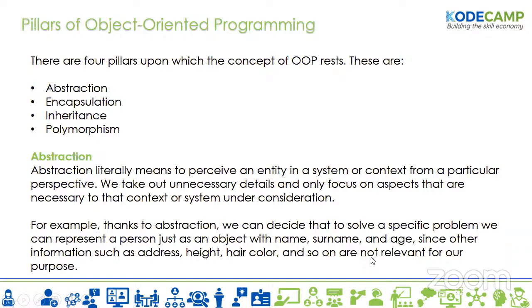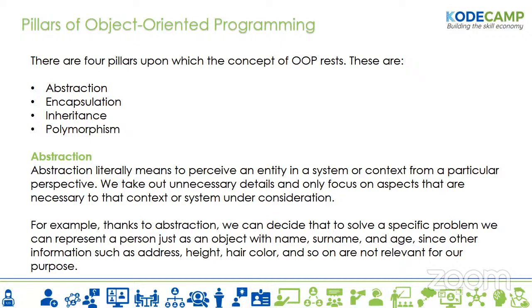Now, when talking about objects, one of the things that we need to bring to mind is that it's a paradigm, and it's a way of thinking, and it has come to be widely accepted. So it's a widely accepted paradigm, and it operates on 4 basic pillars.